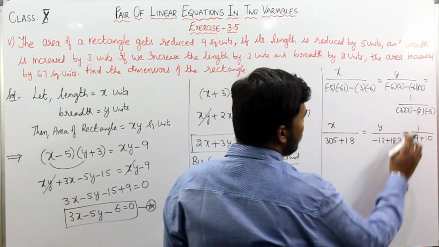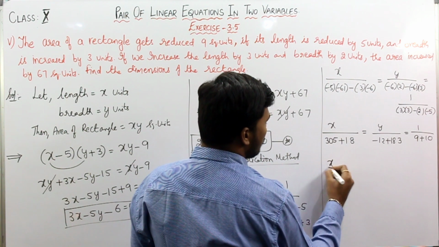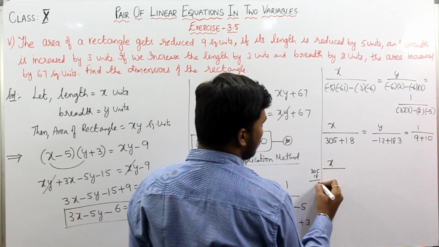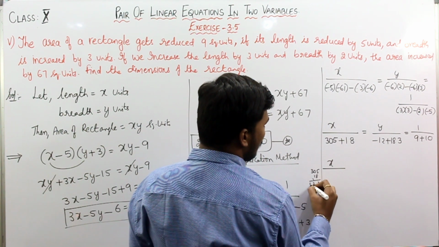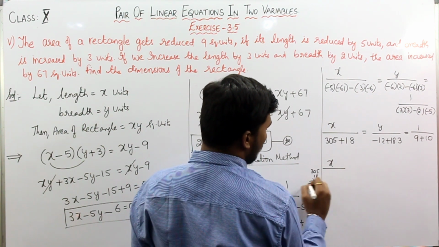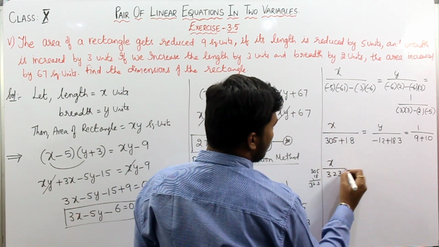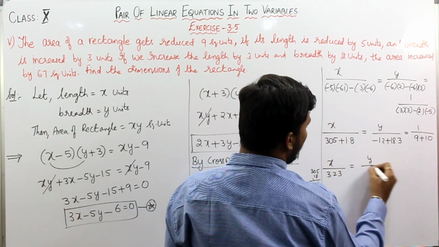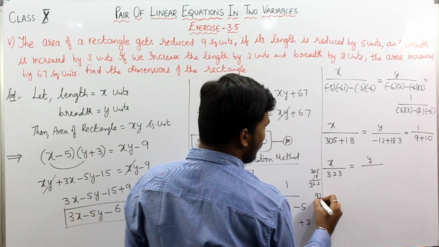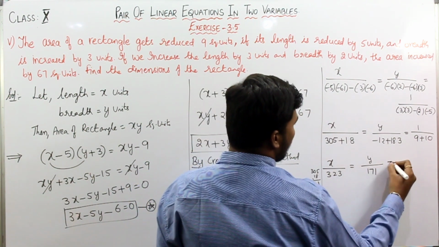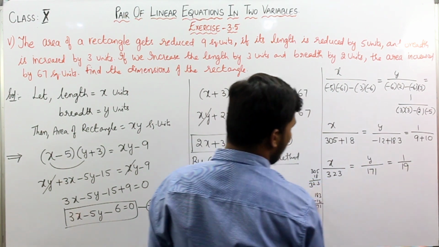So x by this will become 305 plus 18, which is nothing but 323, is equal to y by 183 minus 12, which will give you 171, is equal to 1 by 19.